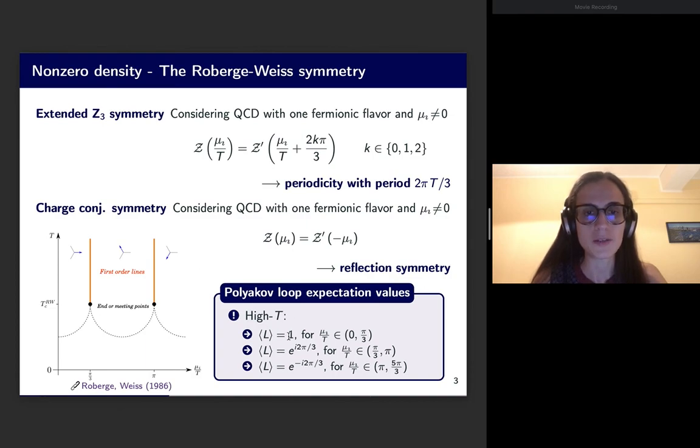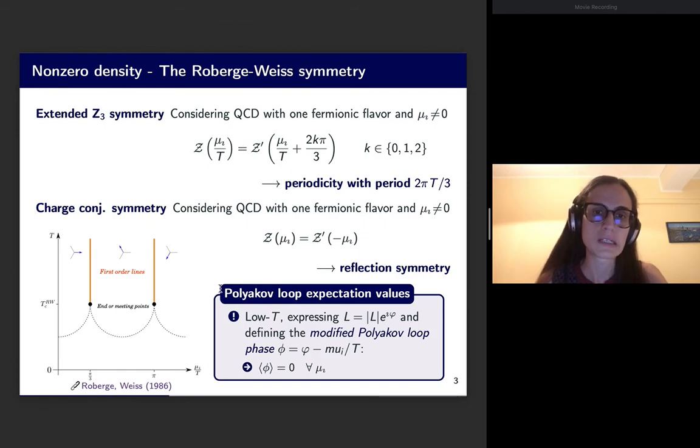In particular, you have one, or the real sector, for mu I in the range that goes from 0 to pi/3, and then you have the other sector for pi/3 to pi, and then basically that's it, because periodicity and reflection symmetry can tell you exactly what is happening at other values of the chemical potential.